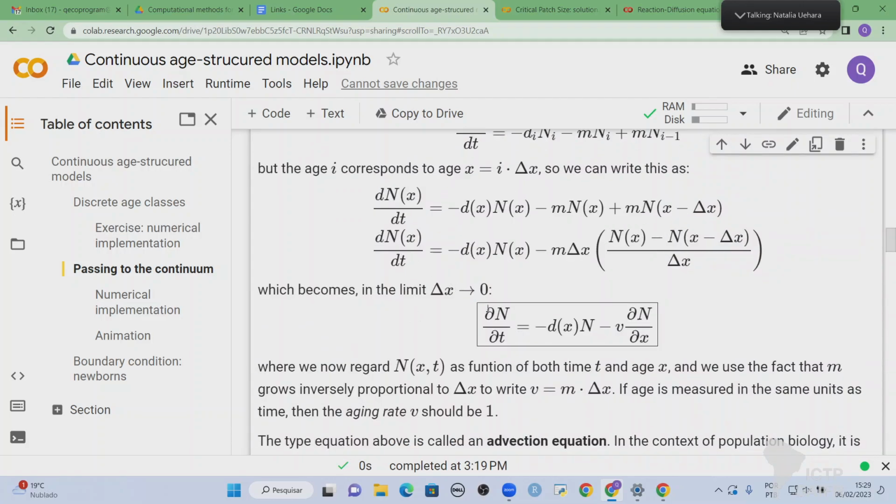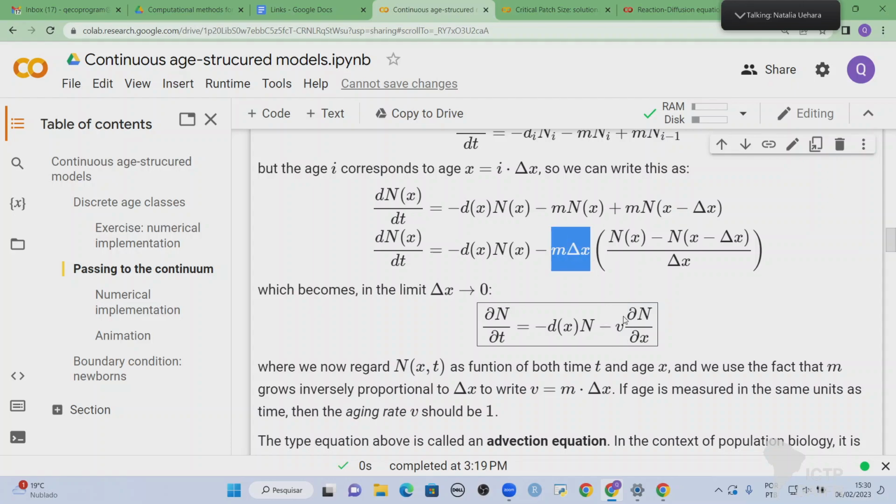So this is partial n partial t equals minus g times n minus v times partial n partial x. What is this v here? It's just this m times delta x, and this v should be exactly 1.